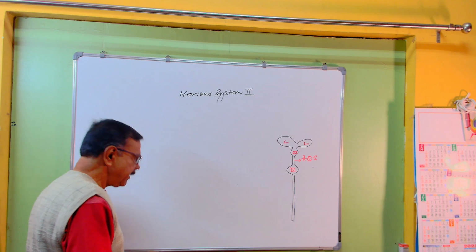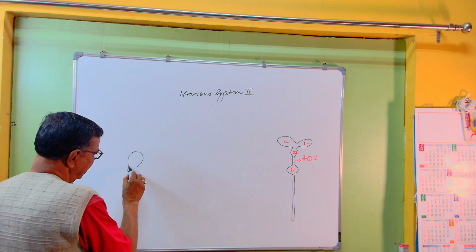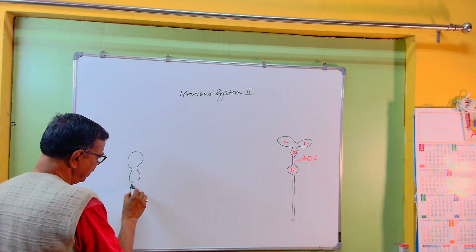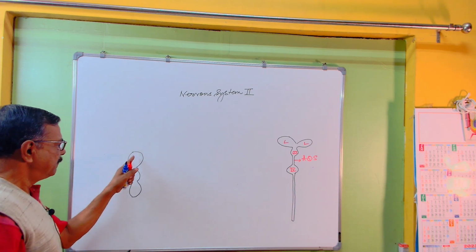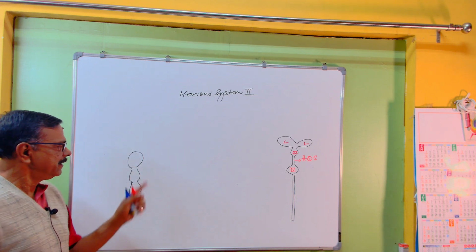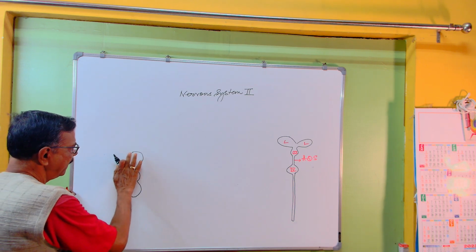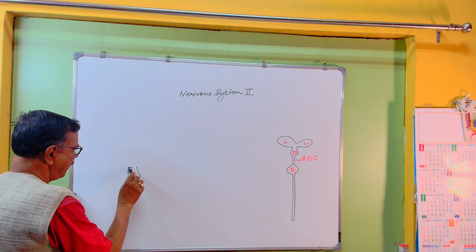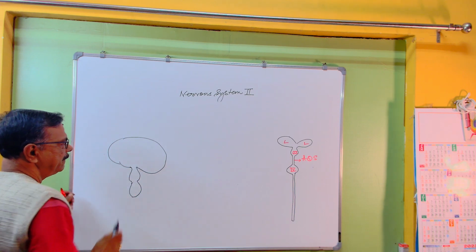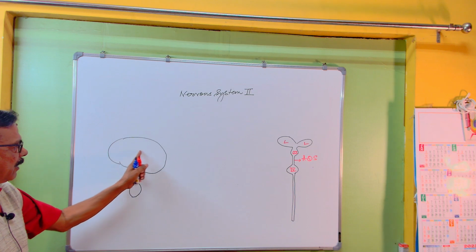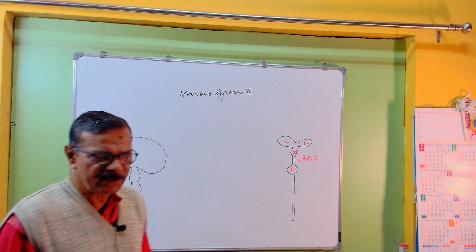Now, whenever there is development of the brain, initially the brain remains like this. There are two or three protuberances: forebrain, midbrain, hindbrain. During the course of development, the forebrain is profusely developed like this, exceptionally developed, because this is the site of intelligence and other emotions, everything.